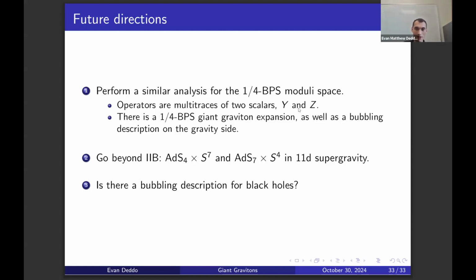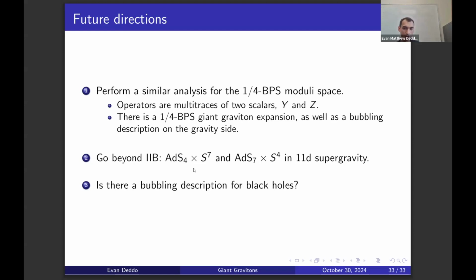We know on the gravity side that there's this quarter BPS giant graviton expansion, and we know as well that there's this bubbling description. There's actually also a bubbling description for 1/8 as well. But basically, the ingredients are here, so we can see whether or not we could reproduce the quarter BPS giant graviton expansion from this bubbling description.